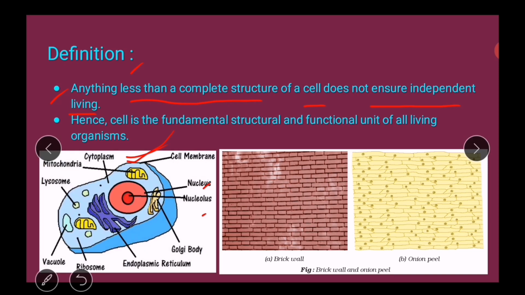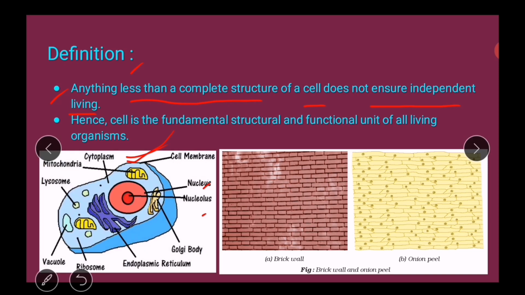It cannot function anymore as a living thing. It does not show the properties of a living thing if you remove all these parts. Suppose you remove the nucleus from this cell, the nucleus by itself is not a living thing. You remove the cytoplasm, the cell membrane, the Golgi body, endoplasmic reticulum.